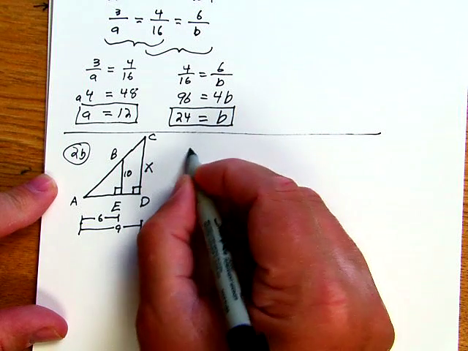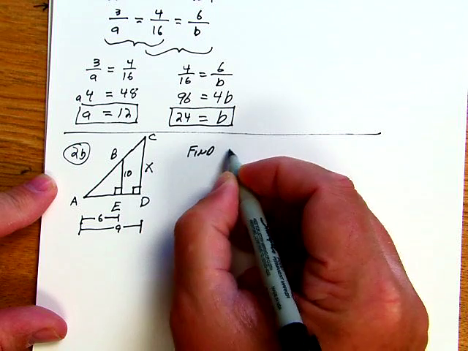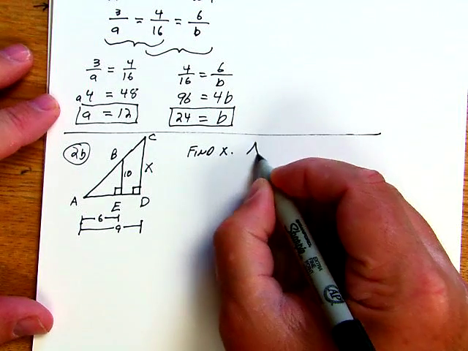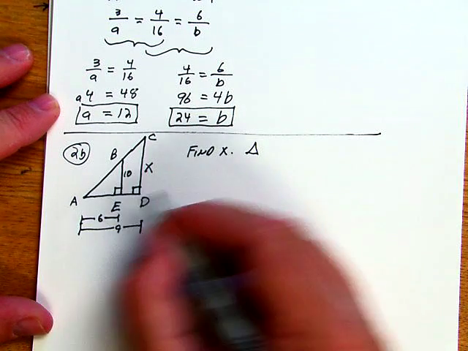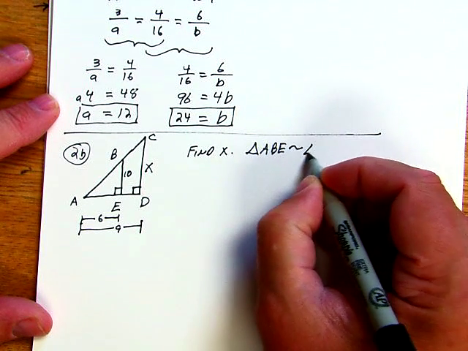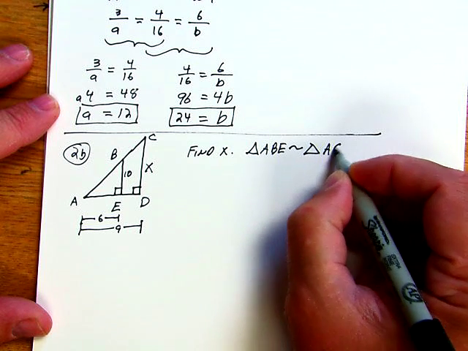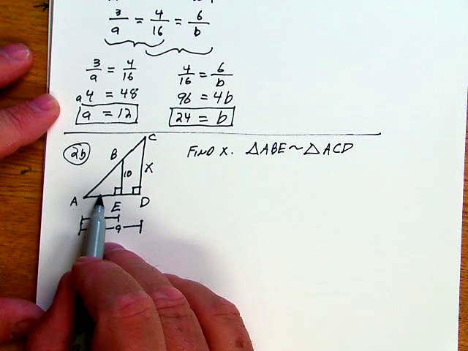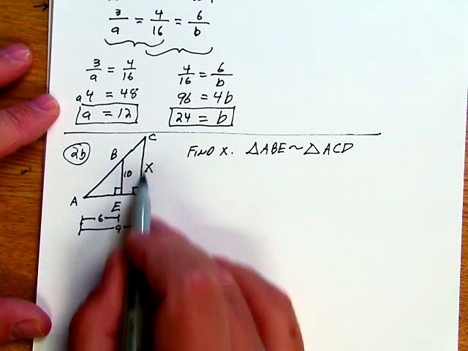Okay, so we're told from this problem, find X. And one of the things we're given is that triangle ABE is similar to triangle ACD. So this little one is similar to the big one.